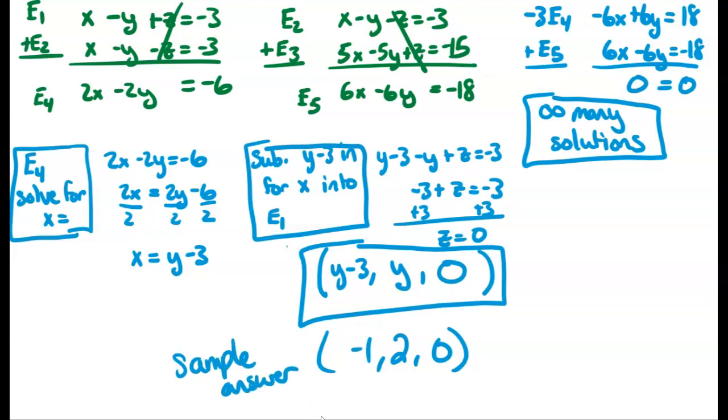Or let's say you chose a y value of 10. Z is 0, and the x value is y minus 3. 10 minus 3 is 7. So that's how you can find different solutions to this. But how we wrote y minus 3, y, and 0, this would actually be the answer that we're looking for.